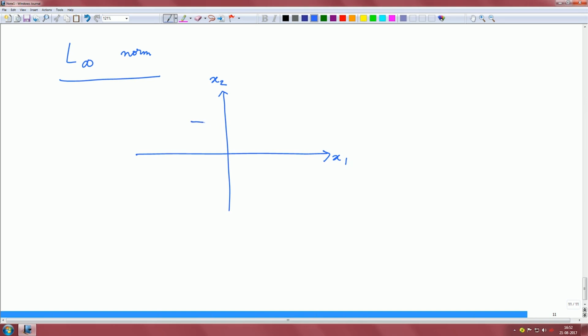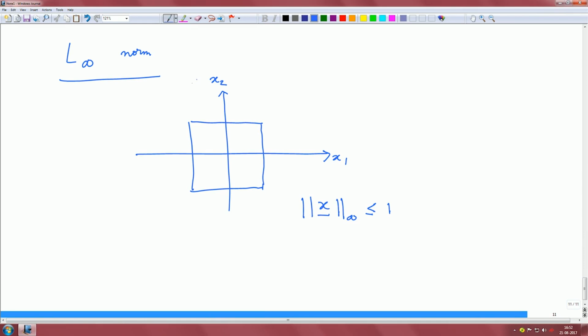So, if I say the L infinity norm is less than or equal to 1, you can imagine the maximum of the absolute value of x1 or the absolute value of x2, right.